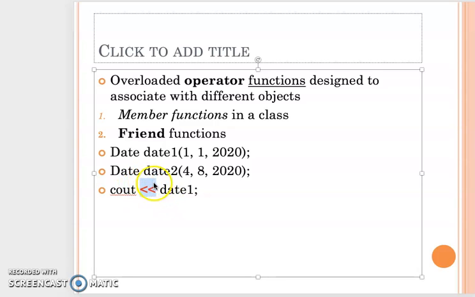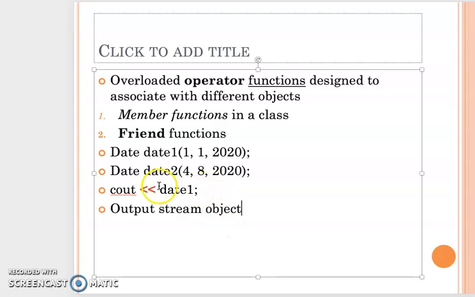This insertion operator function we cannot implement as a member function. Instead, we have to implement it as a friend function. Why? The first thing to see is our operator: on the left-hand side is cout, which is one kind of output stream object.